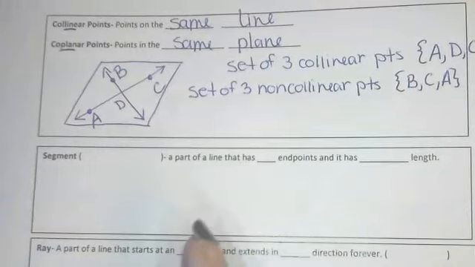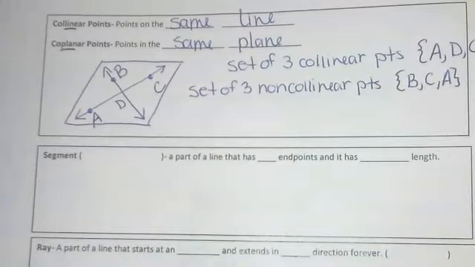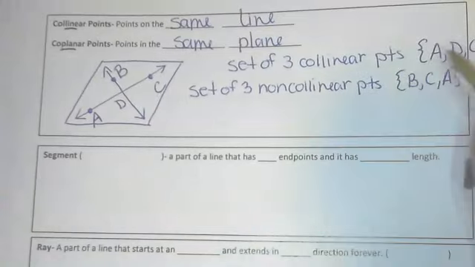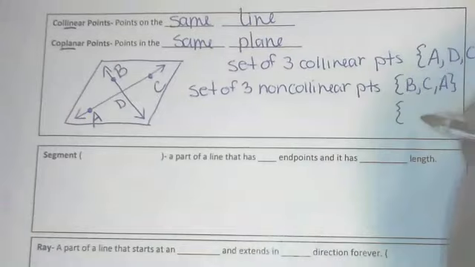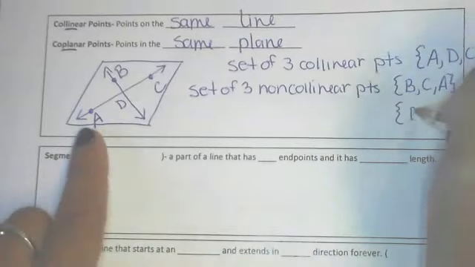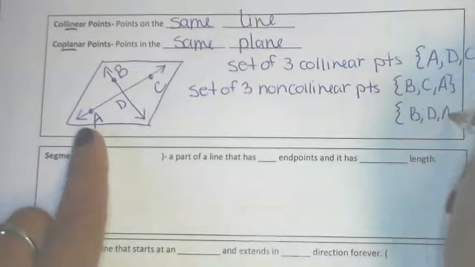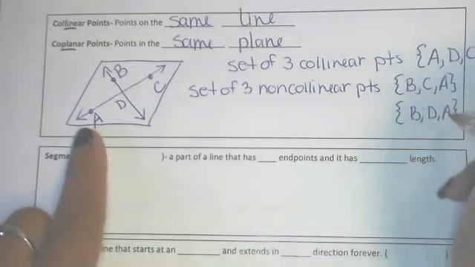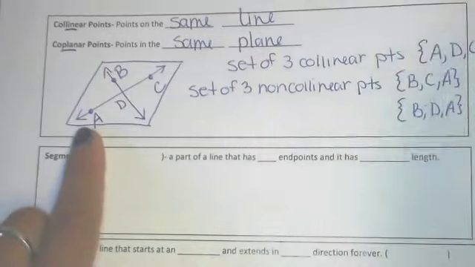Give me another set of three non-collinear points here. Different than Rodney's. Layla? B, D, and A. Ella, what do you got? You had the same one. I want another one, so that there's more. Yes.